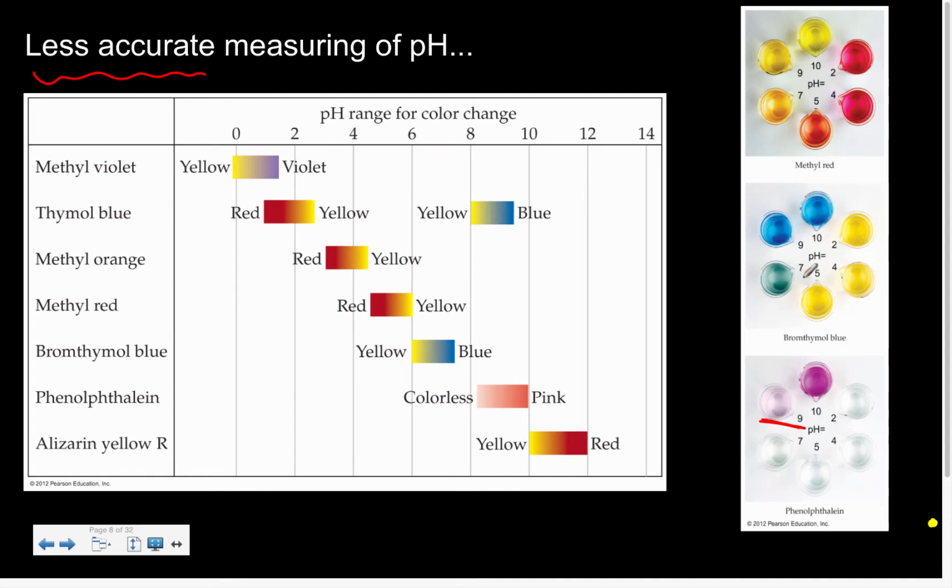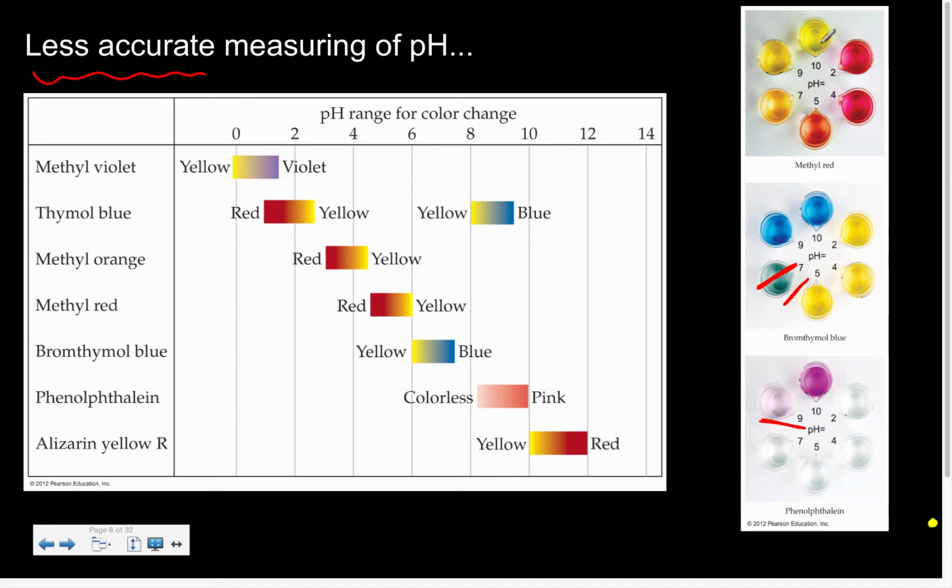So here for bromothymol blue, at pHs of less than 7, I should have drawn my line here actually, it's protonated, and that protonated color is yellow. Here it's deprotonated, and deprotonated is blue. Likewise up here, we have protonated is pink, deprotonated is yellow.